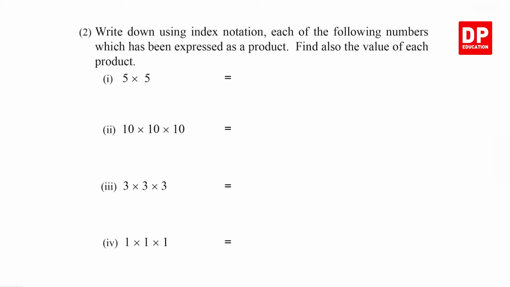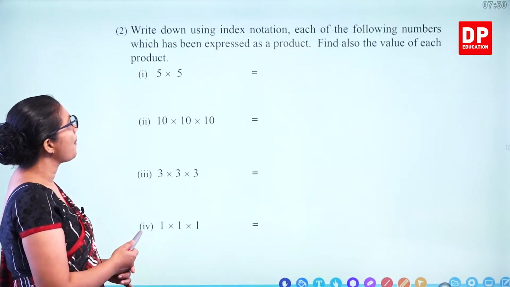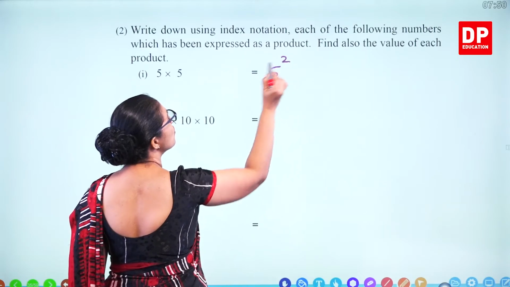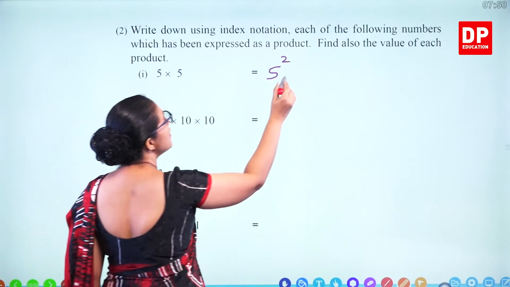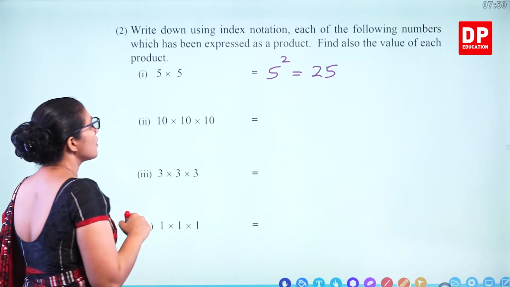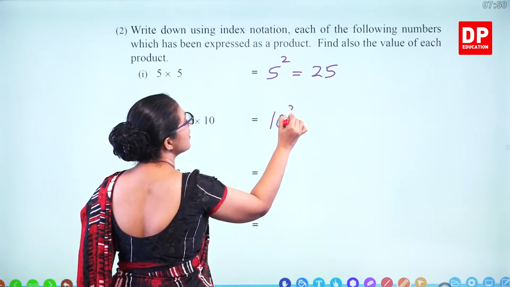Write down using index notation each of the following numbers which has been expressed as a product. Find also the value of each product. So index notation, 5 to the power of 2. So 5 times 5, you get 25. 10 into 10 into 10, 10 to the power 3.